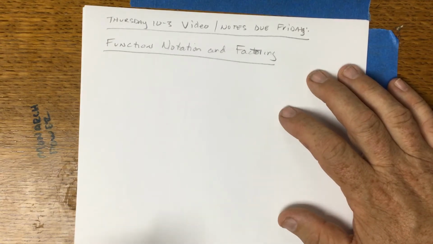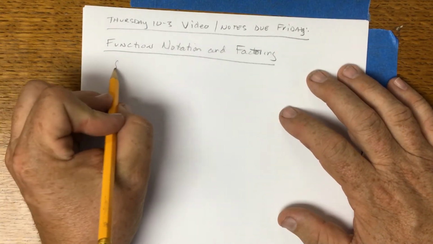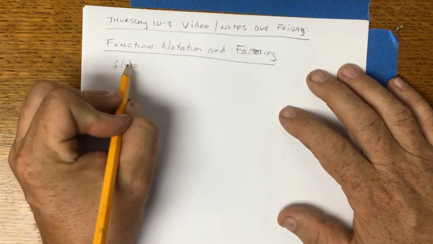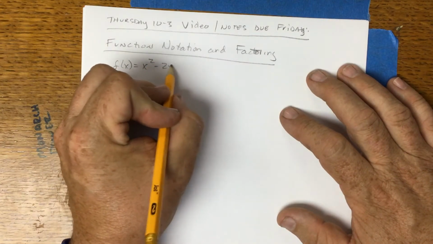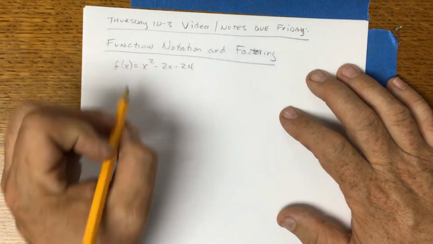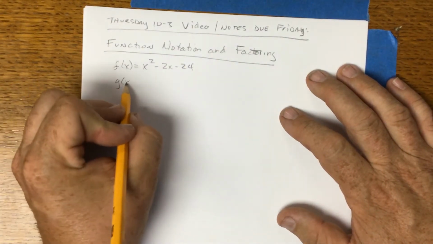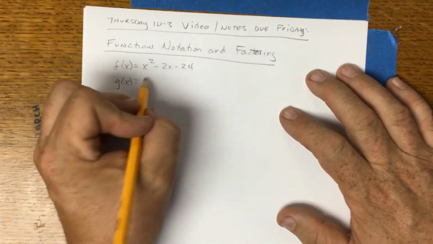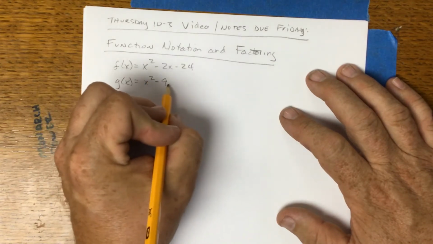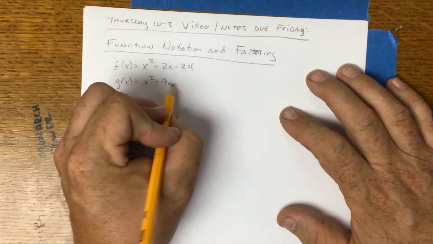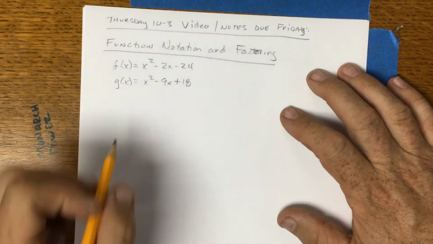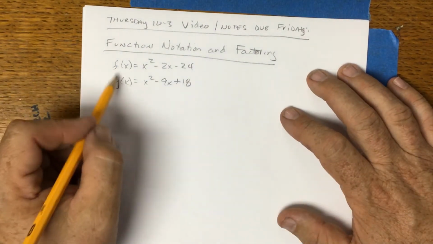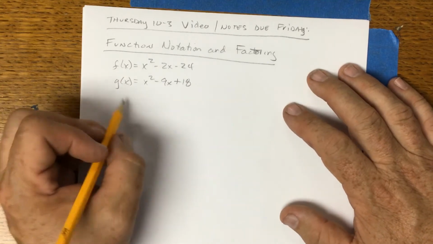So we're going to say f of x is equal to x squared minus 2x minus 24. And then g of x is equal to x squared minus 9x plus 18. And there are different ways to write this function notation.